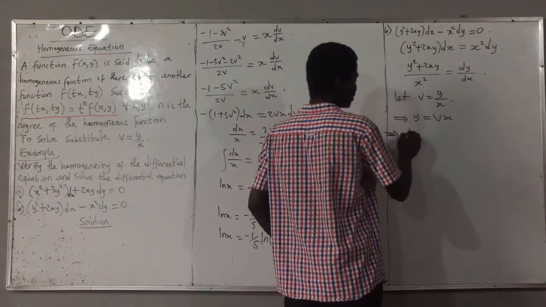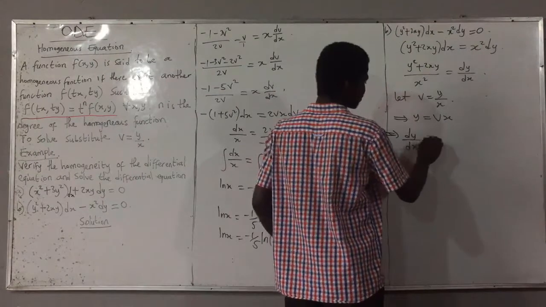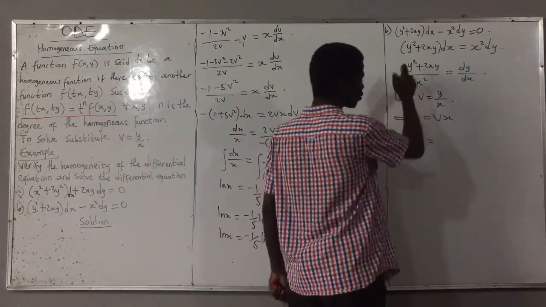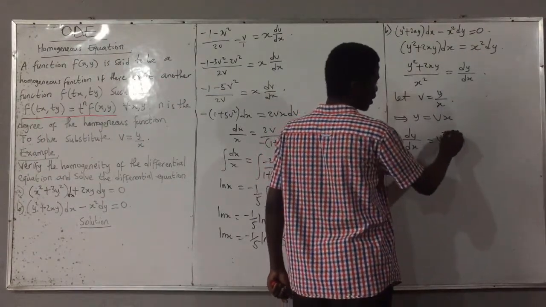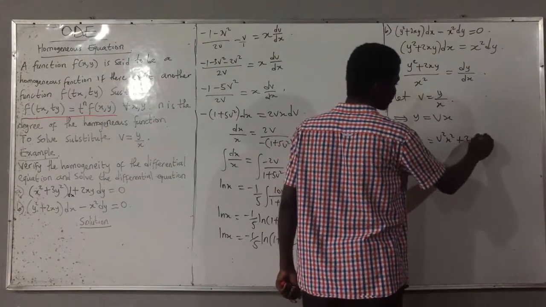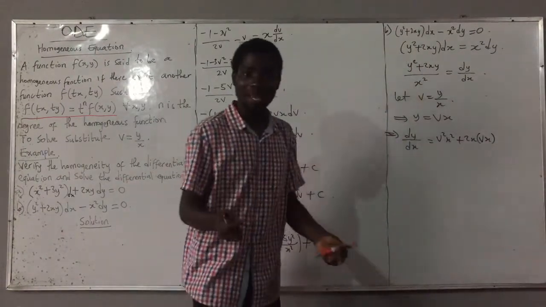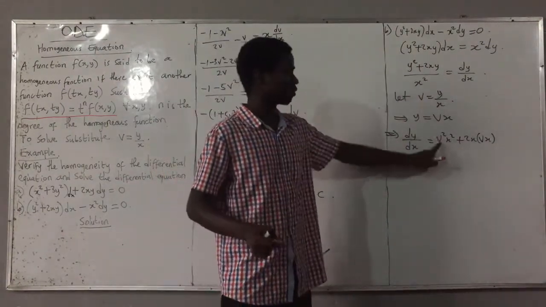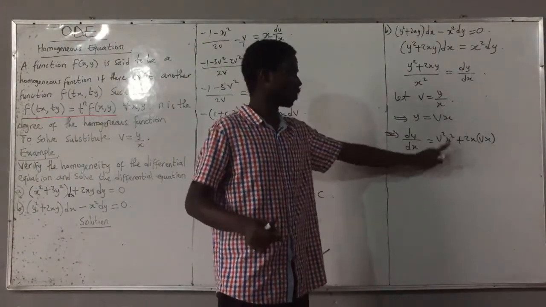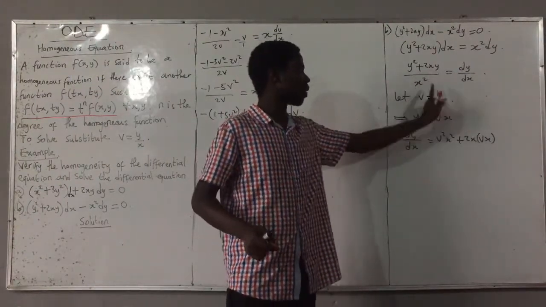So that means the dy/dx will be equal to what? y squared, that's v squared x squared, plus 2x times vx. Anywhere you see y, put vx. y squared is what? vx all squared, which is v squared x squared, plus 2x. y is what? vx.